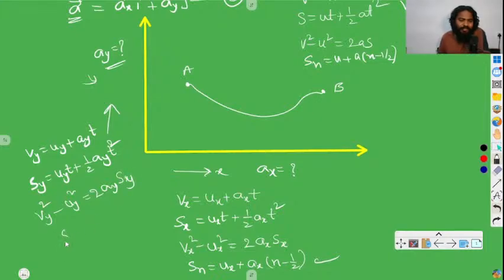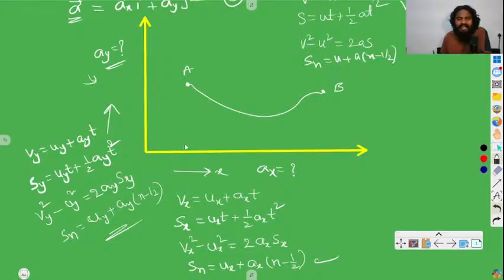At the same time, one more, Sn = uy + ay(n − ½). So these are the equations which you have to use along the x-axis and along the y-axis, right?